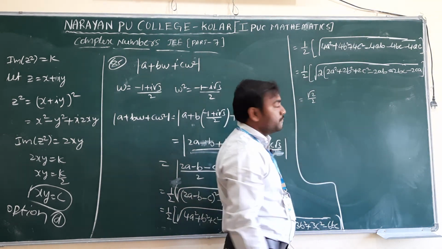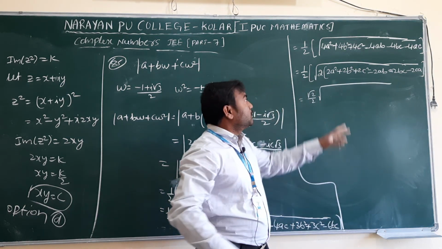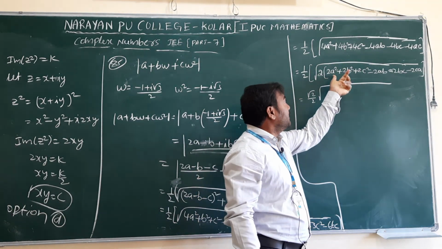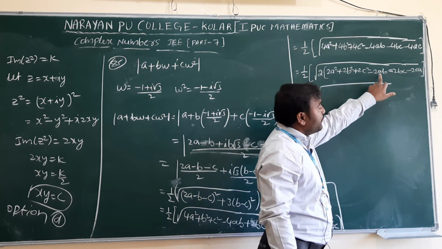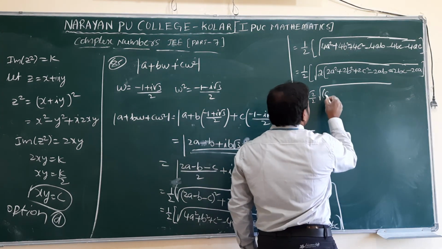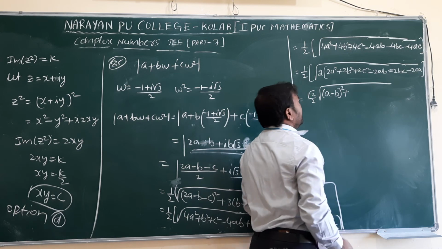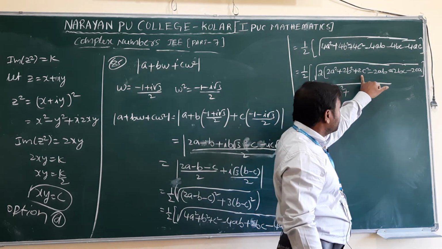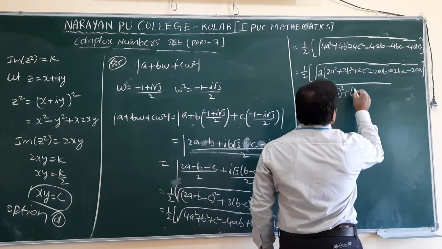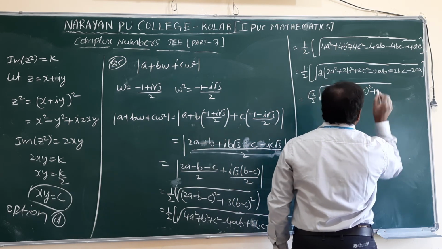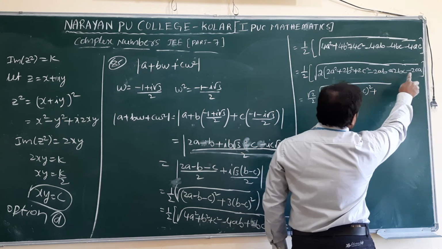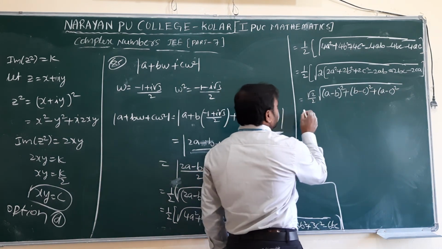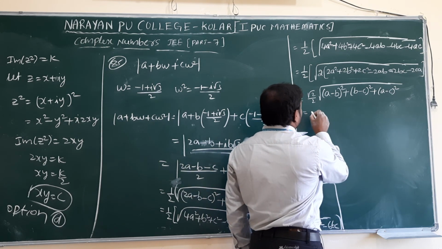So 1/2, root 2 outside, root 2 by 2 square root of: 2a² can be a² + a², 2b² is b² + b², 2c² is c² + c². Then a² + b² - 2ab can be written as (a - b) whole square, plus b² + c² - 2bc as (b - c) whole square, plus a² + c² - 2ca as (a - c) whole square. Here the square root of 2.